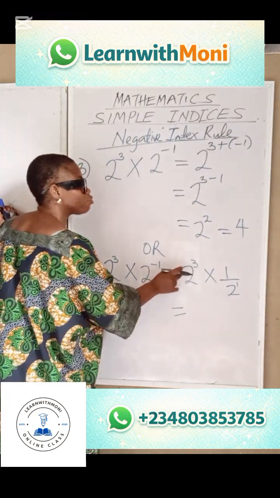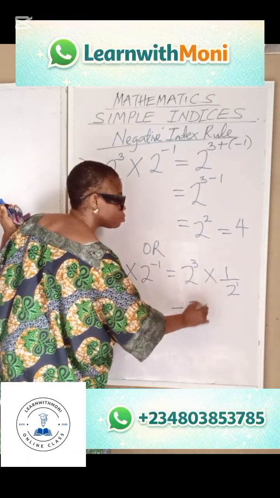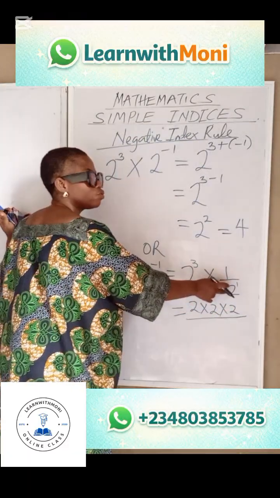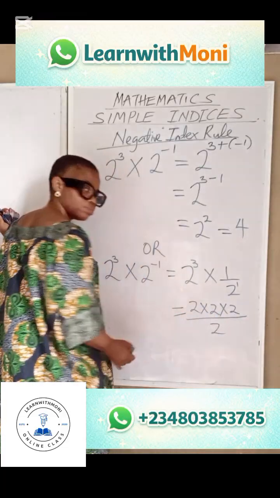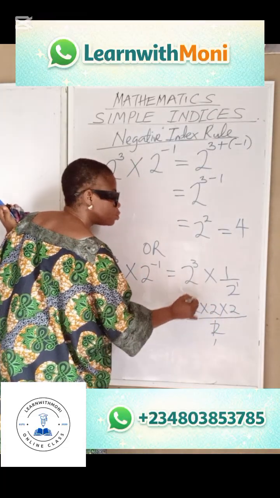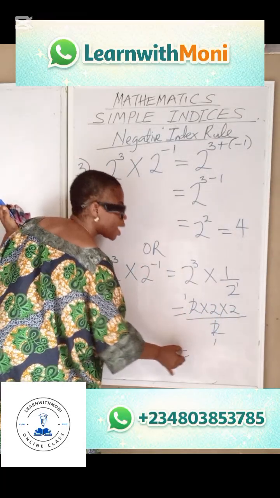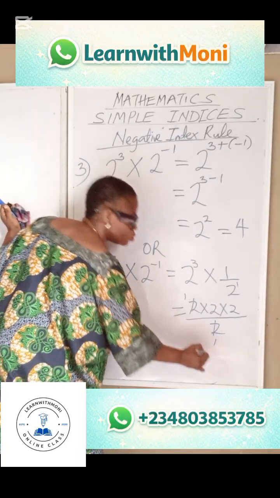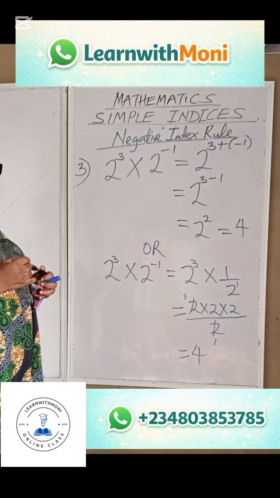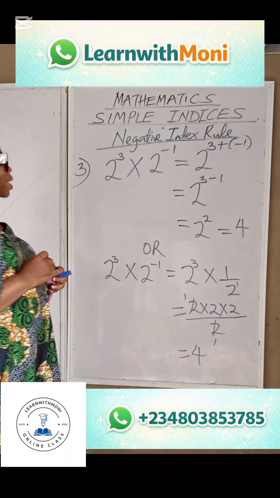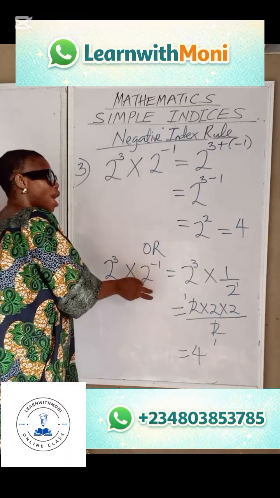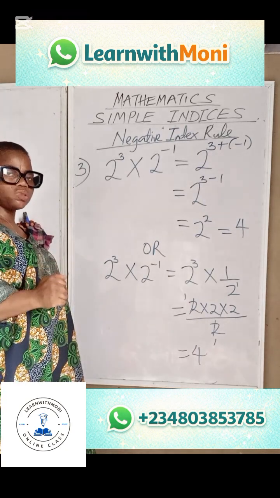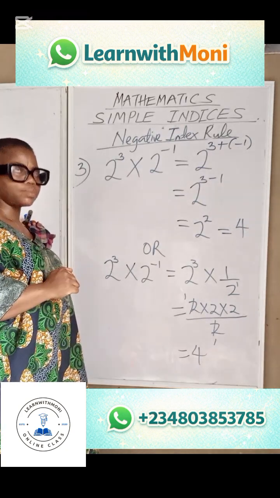This means I have 2 raised power 3 at the top over 2 raised power 1 at the bottom. Then I am left with 2 times 2, which is equal to 4. So whether you take it this way or following the negative index rule, both are correct.